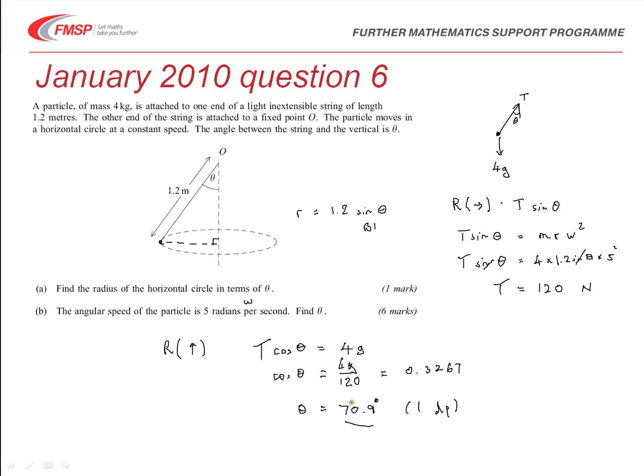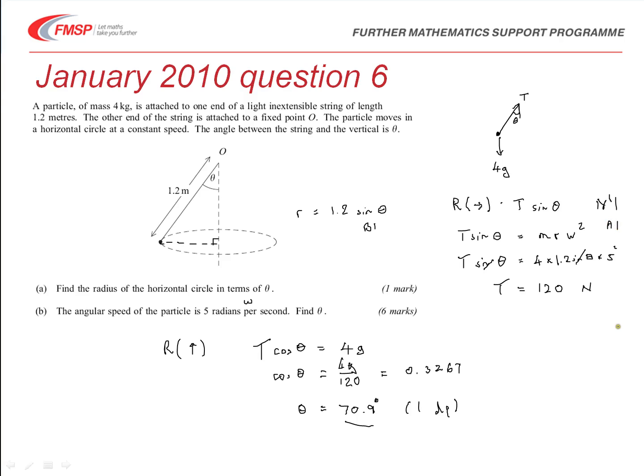Okay, so where do your 6 marks come from? Well, resolving horizontally and using the expression T sine theta equals mr omega squared will give you a method mark and an accuracy mark there, an answer mark for this.